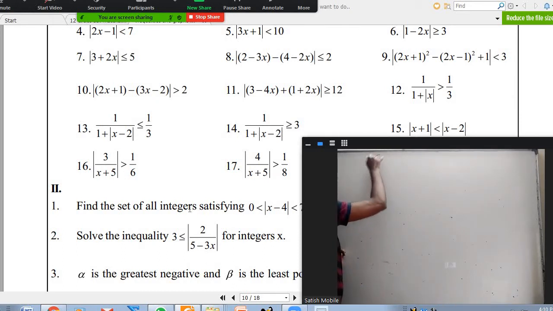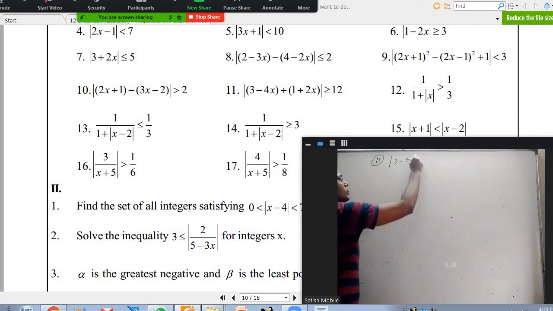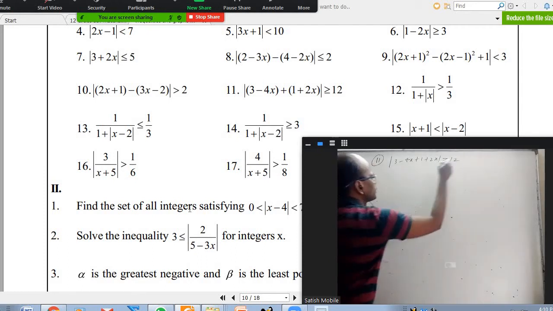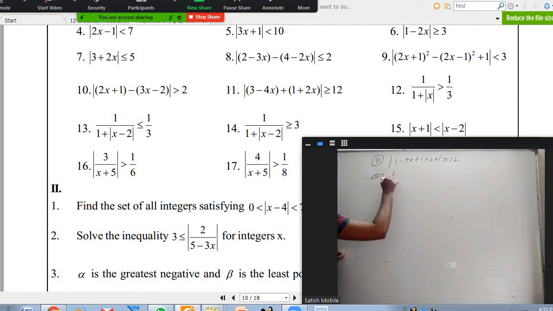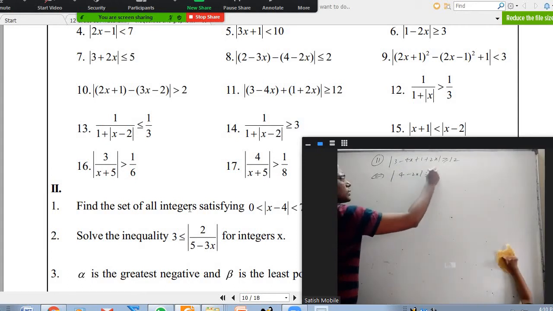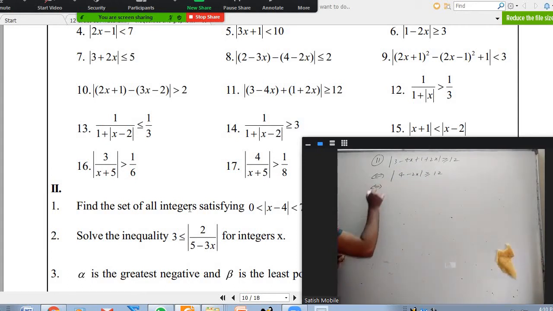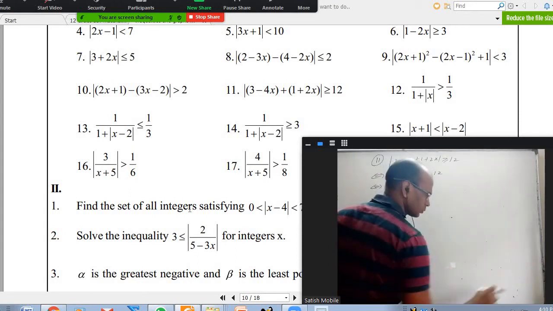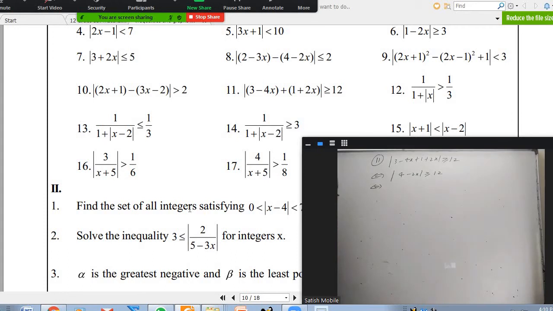Okay. 11th one. Mod 3 minus 4x plus 1 plus 2x is greater than or equal to 12. That is 3 plus 1, 4 minus 2x is greater than or equal to 12.